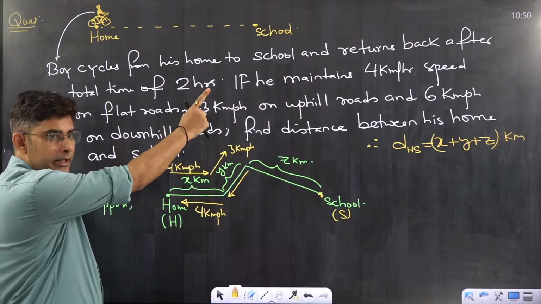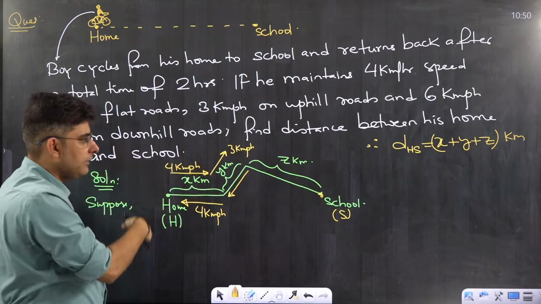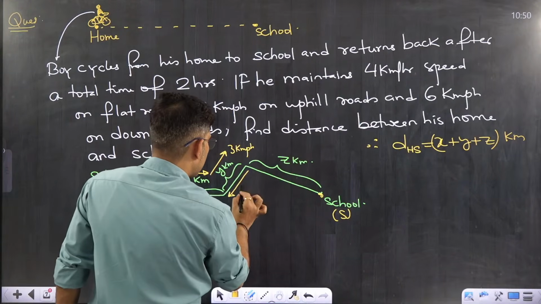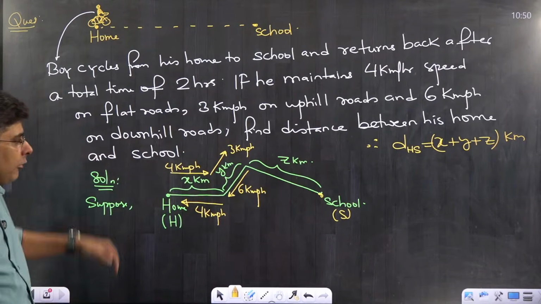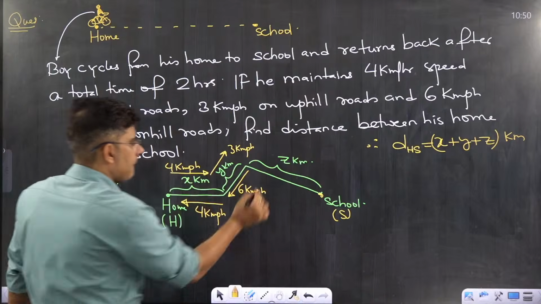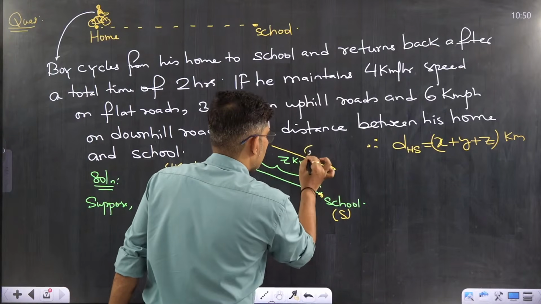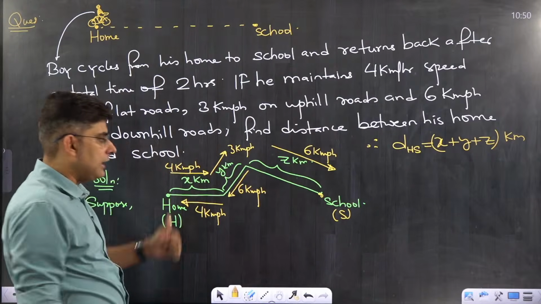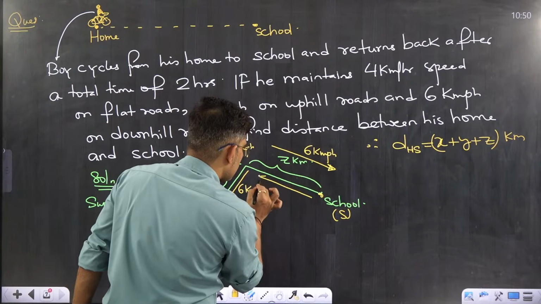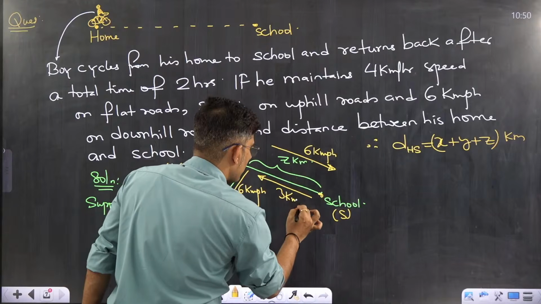While going it was uphill, while returning it will be downhill. So downhill speed is 6 km per hour. While going downhill your speed is 6, and the same road while returning becomes uphill, so it will change to 3, because uphill you are moving at lesser speed.